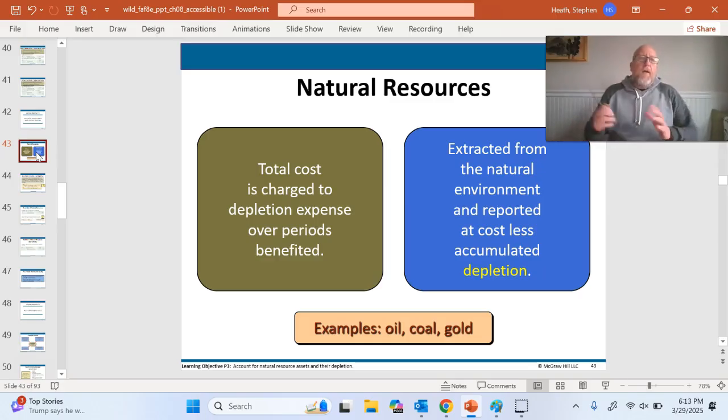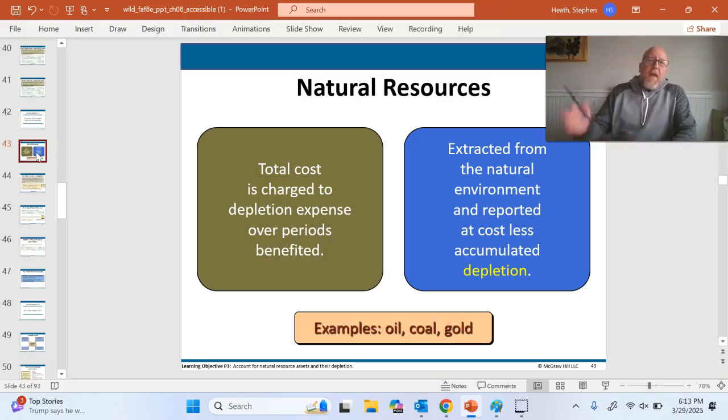Anyway, a lot of the concepts in this section are very similar to all the discussions that we had about the physical long-term assets like machinery, plant, and equipment. The only real differences are that when we deal with natural resources, we're only going to use one depreciation method, and that's essentially units of production.